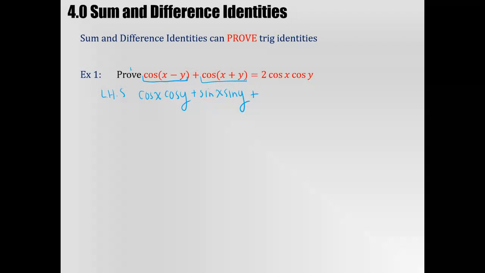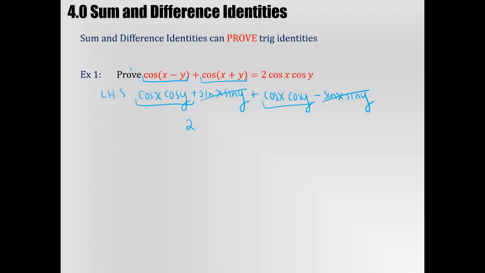Plus, this right here is the same thing as cosine of x, cosine of y, minus sine of x, sine of y. Okay. Oh, look, those are going to cancel. We're subtracting. And then here I've got two of them. So you've got 2 cosine x, cosine y. And that is the right-hand side. Right? QED, we're done.